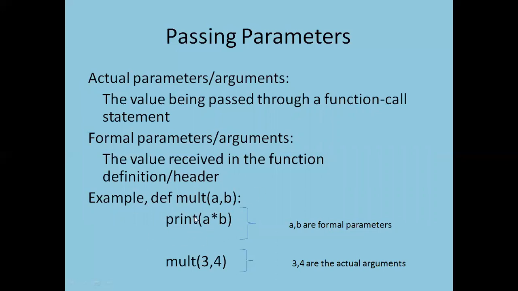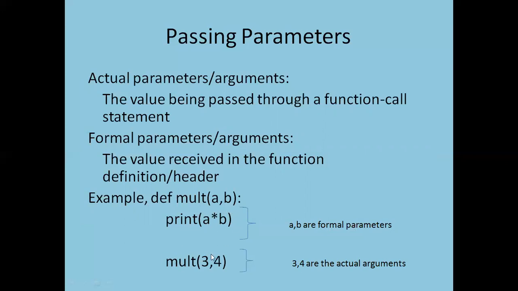Though I said that it will always end with a return, even though I don't have a return statement here, it will still work. So suppose I write mult(3, 4). Here a and b are the formal parameters. Whatever names you give inside the definition of your function are known as formal parameters or formal arguments.